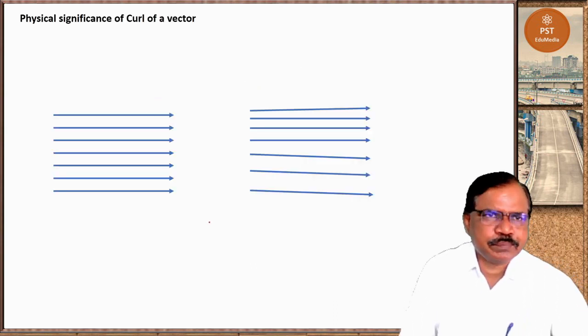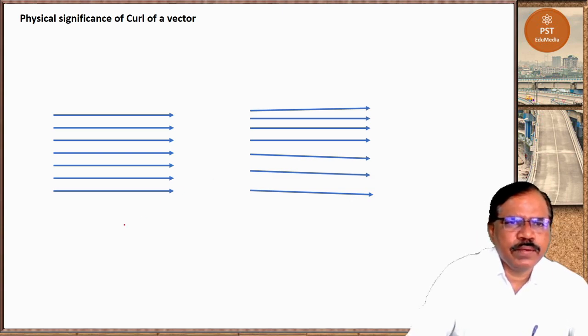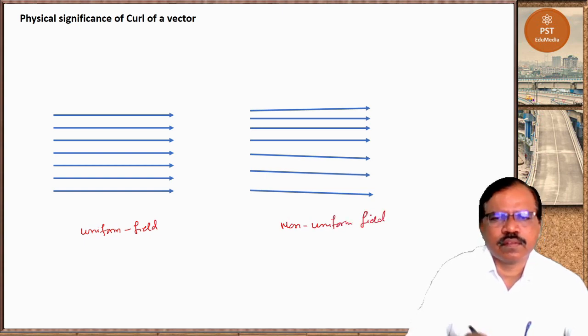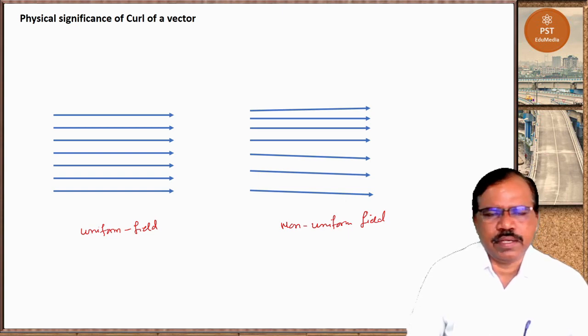So here, if we take a uniform field and a non-uniform field, we have to see circulation.